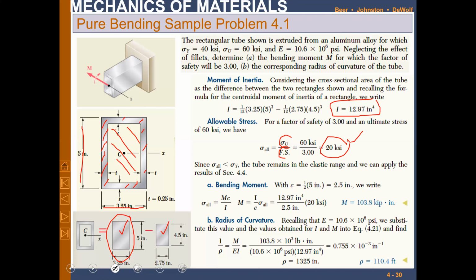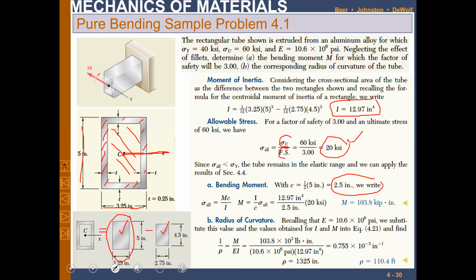Now, what is c? Because this is a regular rectangular shape, c exists at the center. Since the height is 5, the centroid will be at 2.5 inches from the bottom. This is c, and we place the x-axis over that. So this is our reference axis, existing at the centroid, 2.5 inches from either side, because this is a regular shape.